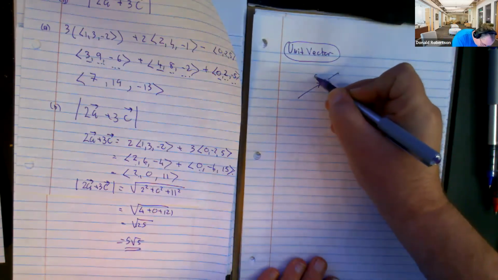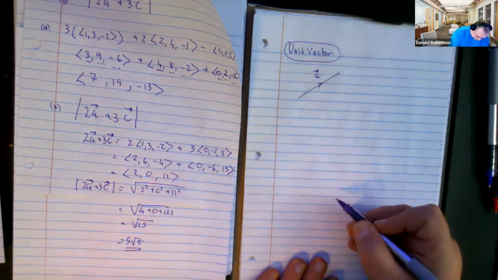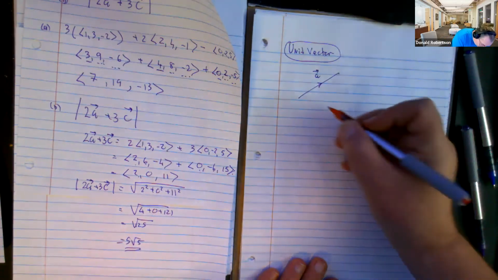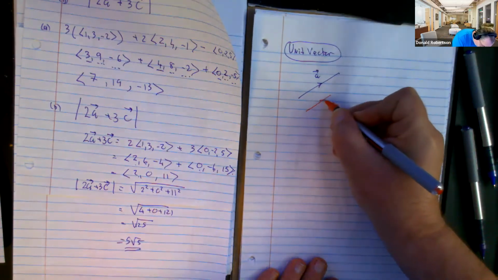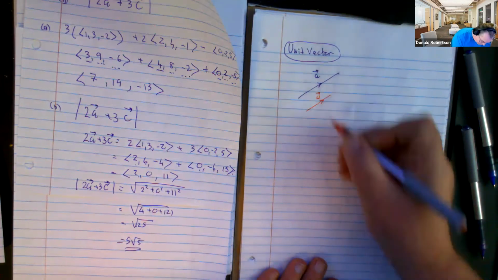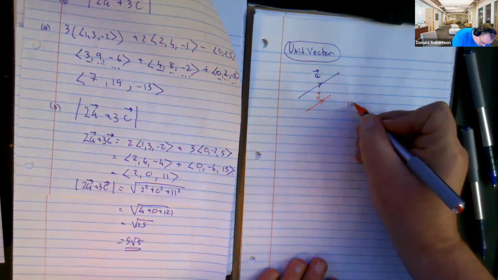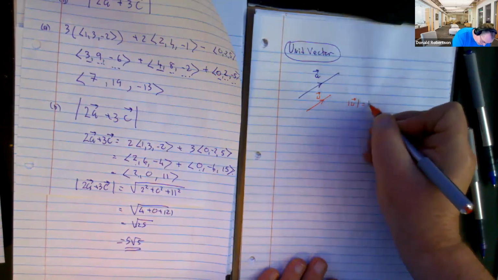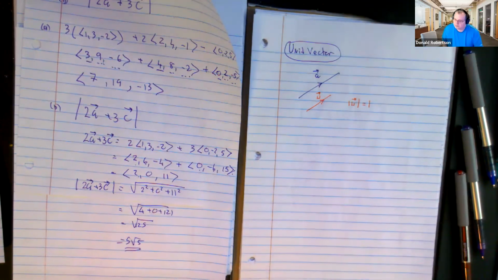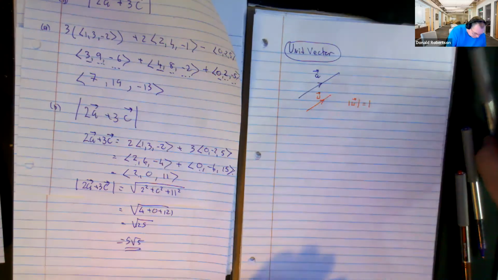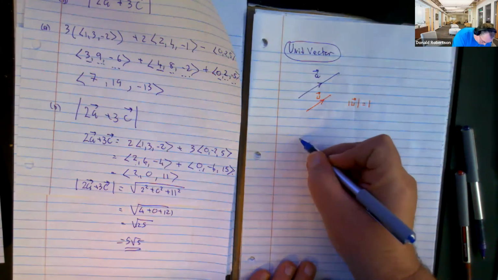Can we imagine this vector is A? The unit vector is a vector parallel to it. Let's call it U for unit vector. And it has the property that its magnitude is 1. So a unit vector is a vector parallel to the given vector, but whose length is 1, right? Whose magnitude is 1. And we can calculate unit vectors.